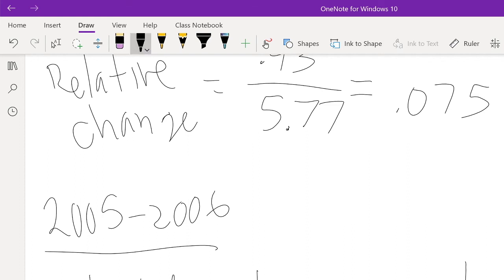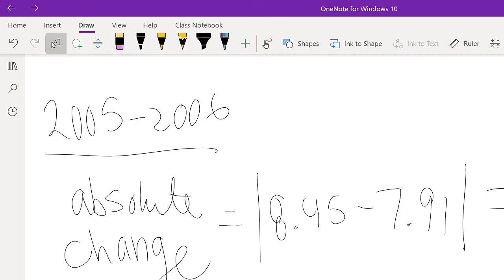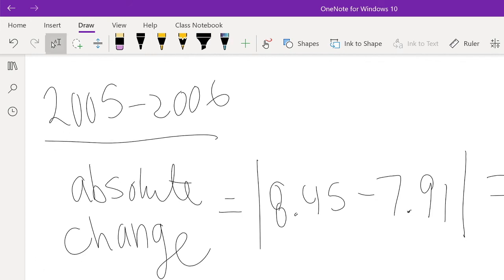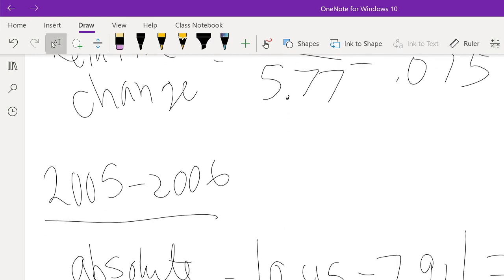Okay, now it looks like that actually increased more. It did, dollar-wise. But let's investigate further and look at the relative change. And then we can see why these raw numbers without any context don't tell the whole story sometimes.